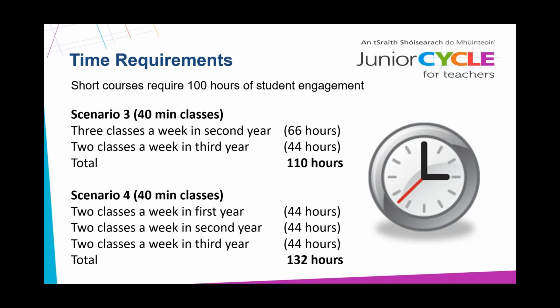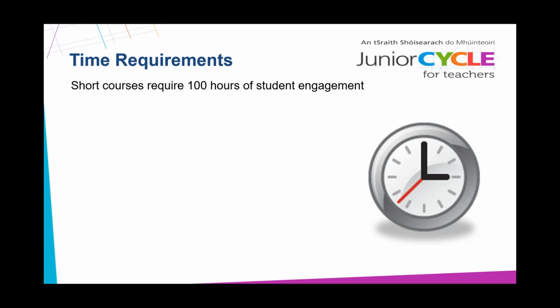So at 132 here through this approach, this would be most likely what the timetabling of the PE short course could look like, allowing a double a week in every year group, and that would satisfy our PE short course, for example. But absolutely fine to do that for any short course we so wish as a school.